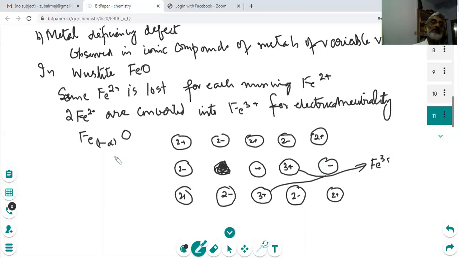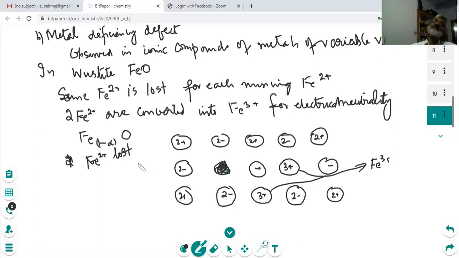Now when you convert Fe2+ into Fe3+, electrons will be released. Now see here, you are losing one Fe2+ from this side.